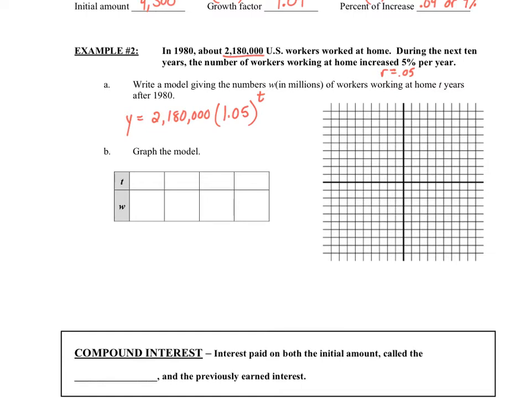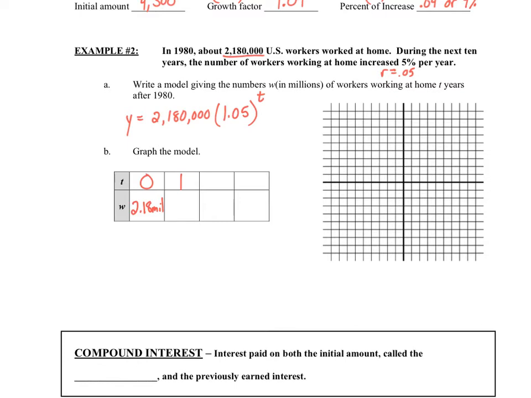So if we graph this, if t is 0, that means 0 years after 1980. So that means in 1980, there is 2.18 million. Okay, and I'm going to change it to a decimal because it'll fit in here better. After 1 year, you plug in 1 for t. So it's 2,180,000 times 1.05 to the first power.